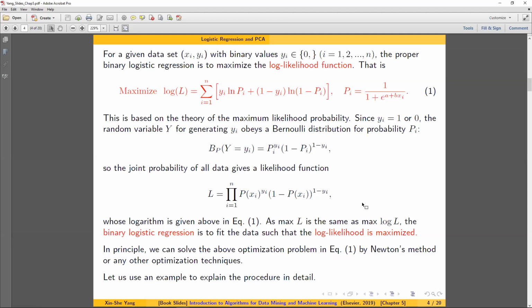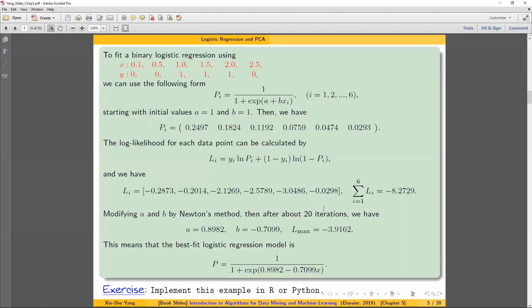So that, yes, that's right. So that yi log plus, yeah. This is already log Li, that's why this should be a summation, that makes sense.